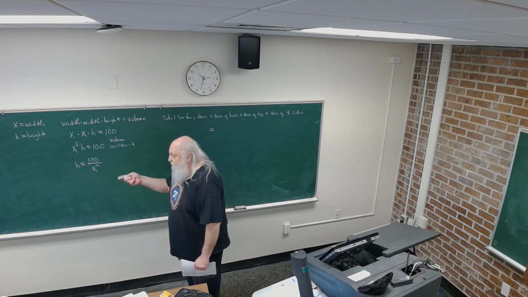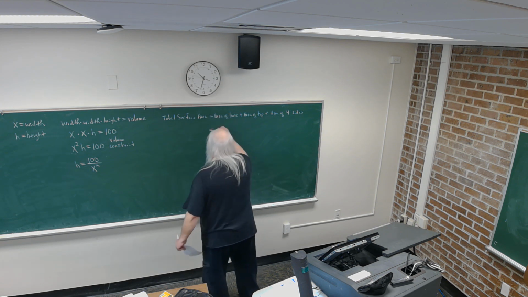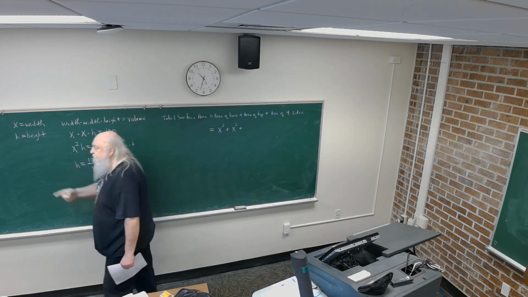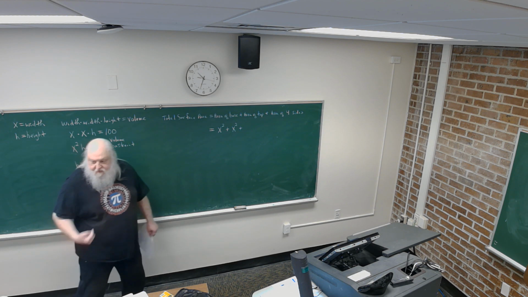So the area of the base and area of the top are both X squared inches. Now, each side has a height of H and a width of X. So what's the area of one side? X times H, right?